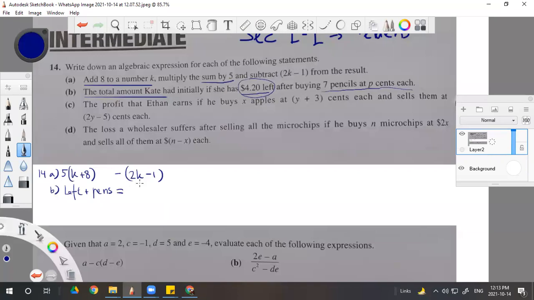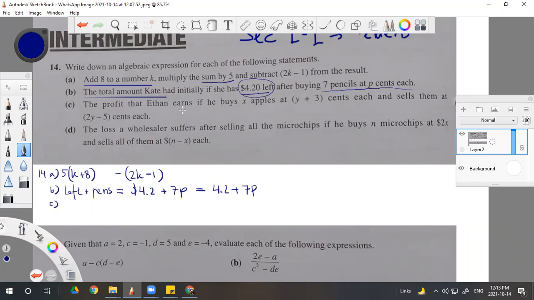So what is left? $4.2 plus 7 times P, because 7 pencils at P cents each is 7P. Or you can just write 4.2 without any units plus 7 times P. This is quite confusing, but you know how to do it.